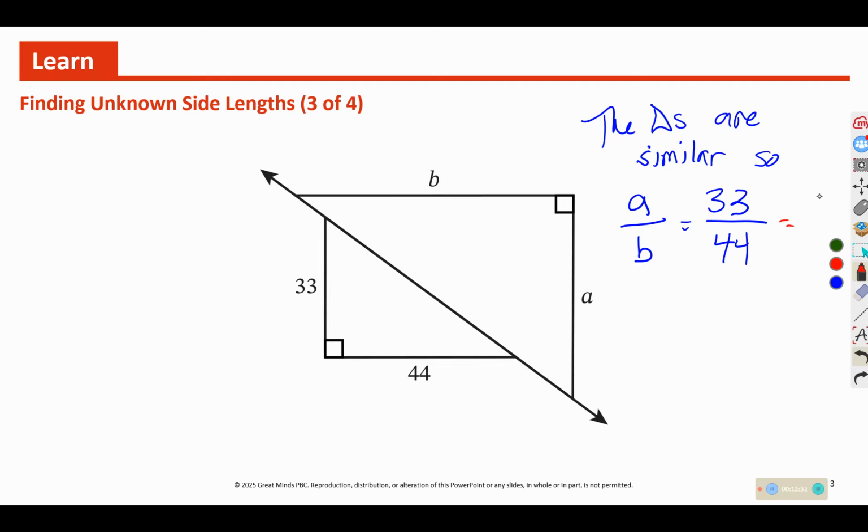So 11 times 3 is 33, and 11 times 4 is 44. So we know that the ratio of the side lengths here has to match 3/4. We also know that A is going to be greater than 33, and B is going to be greater than 44 because it is longer.